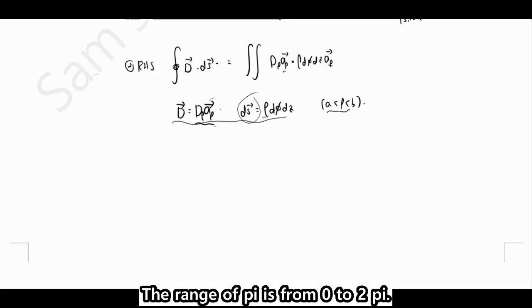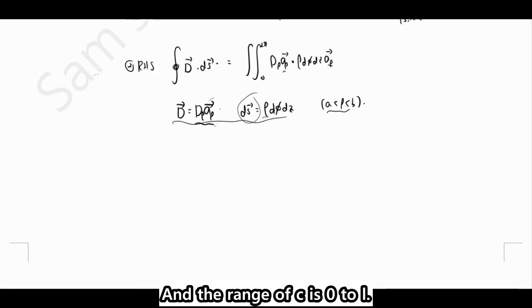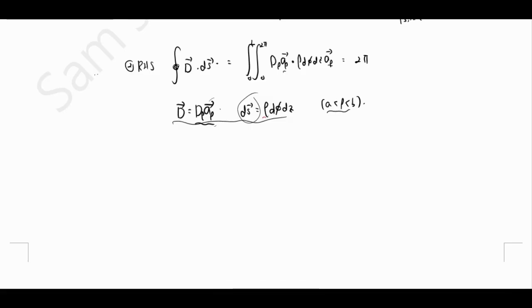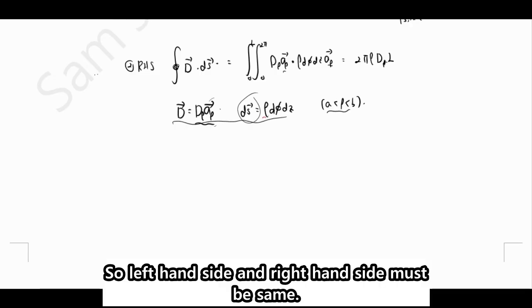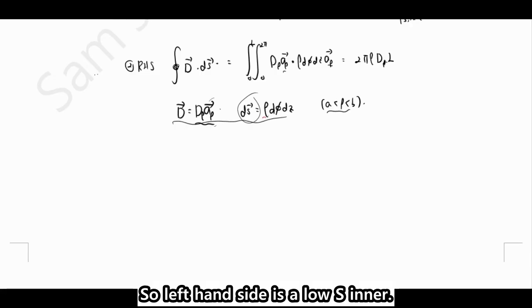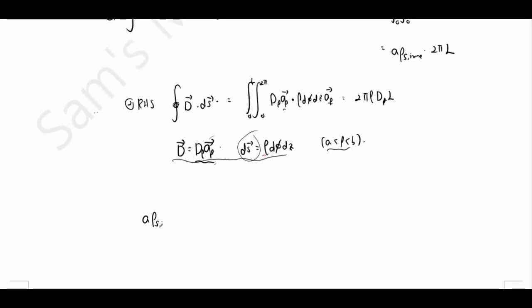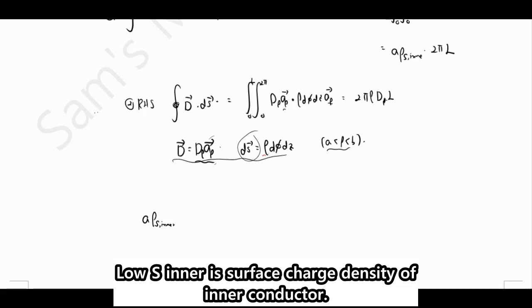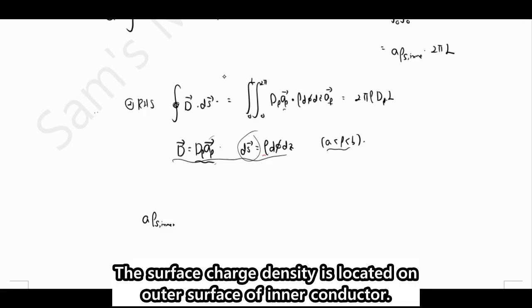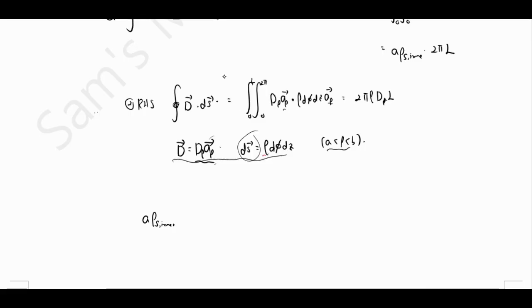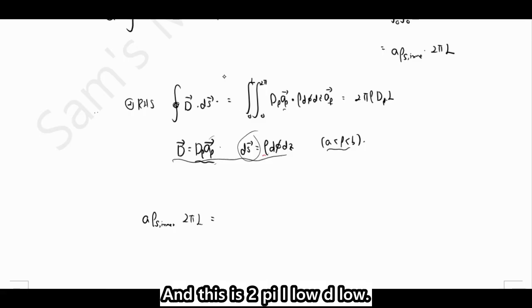The range of phi is from 0 to 2 pi, and the range of z is 0 to L. So this is 2 pi rho D_rho L. The left-hand side and right-hand side must be the same. The left-hand side is a rho_S inner, where rho_S inner is the surface charge density of the inner conductor. The surface charge density is located on the outer surface of the inner conductor. So 2 pi L a rho_S inner equals 2 pi L rho D_rho.